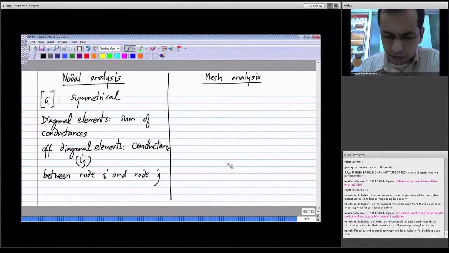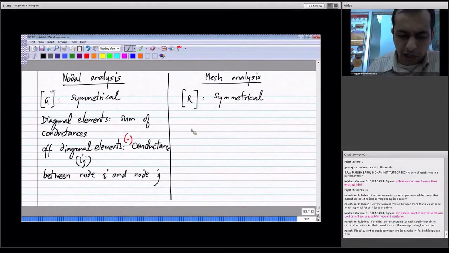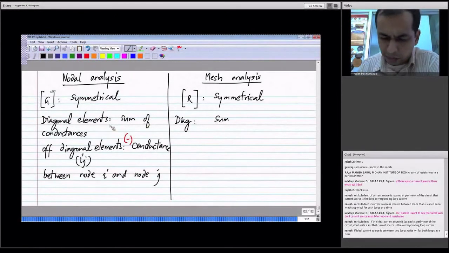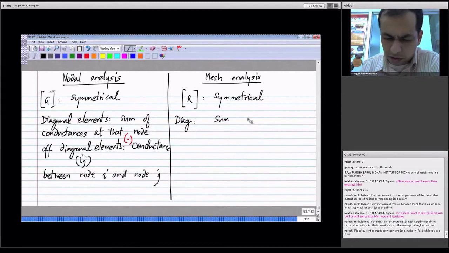Similarly, the resistance matrix is symmetrical and the diagonal elements will be the sum of, when I say sum of conductances in the nodal analysis at that node, and here it will be the sum of resistances in that mesh.